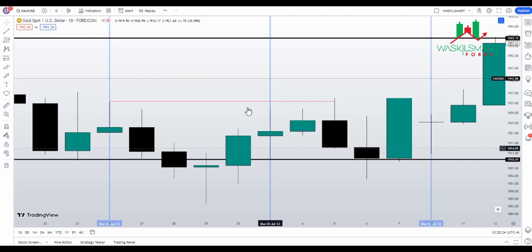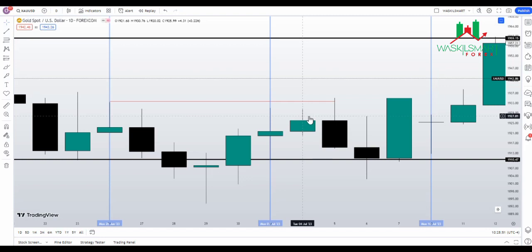Now look at this now. The main focus of this current week is that we want to take out the liquidity above the previous week, because I have explained that for you on the weekly time frame. This zone, the 1933 level, is a liquidity zone, where market makers are seeking to take out liquidity from.